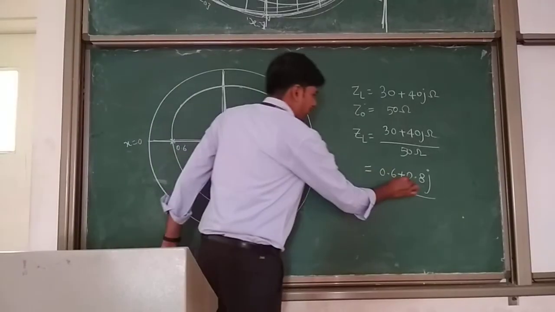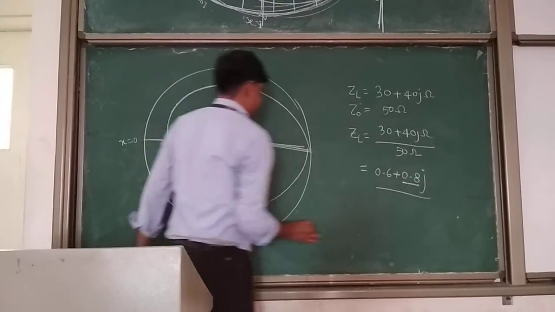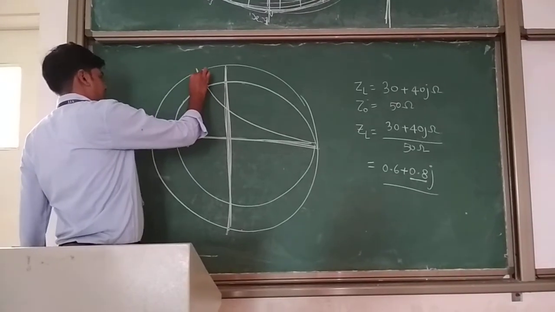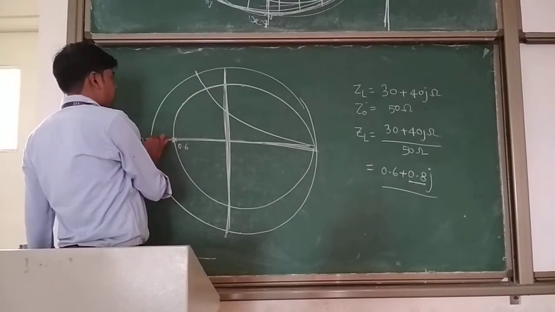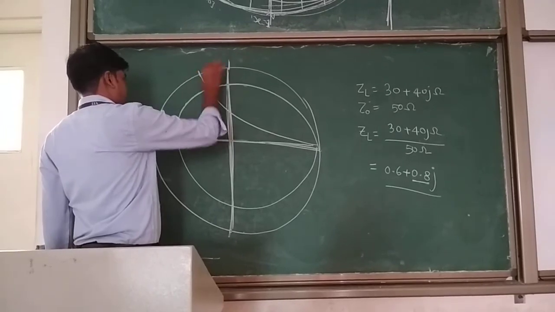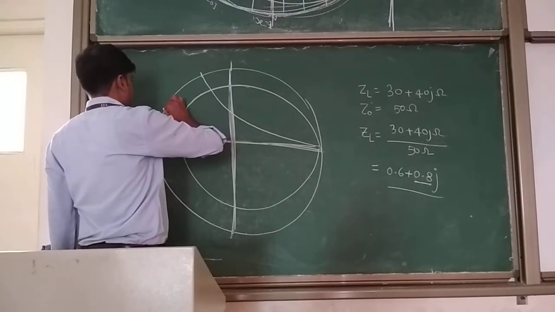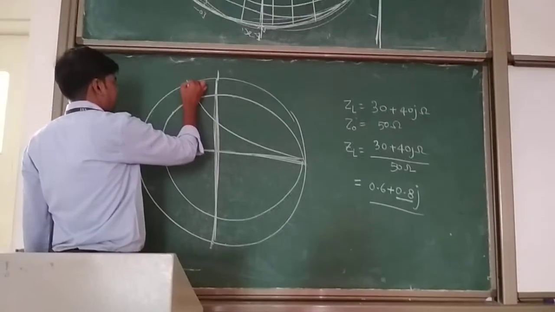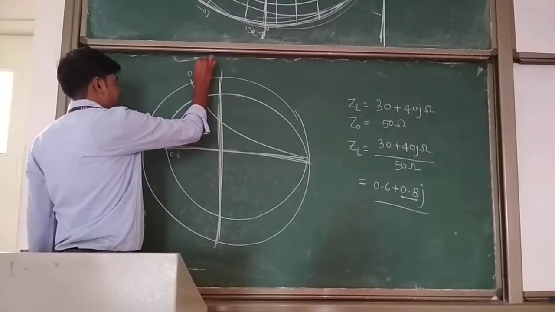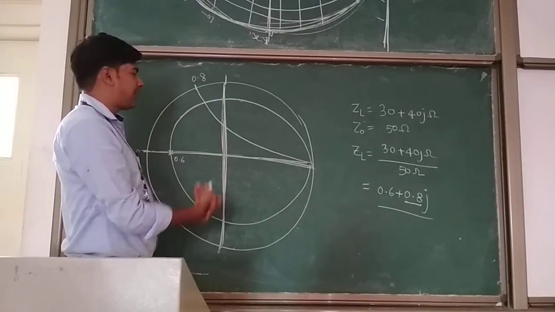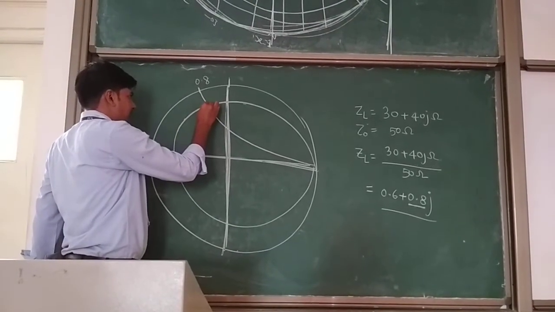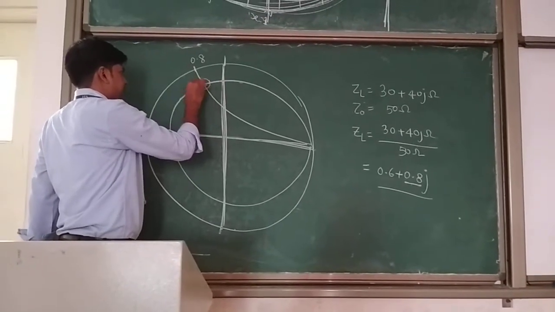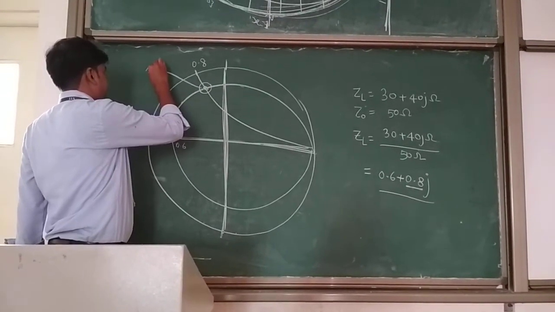Now you will find the reactance circle. The reactance circle is 0.8, so it will be somewhere here. Obviously x equal to 0, x equal to 1, so 0 to 1 will be spread on this line: x equal to 0, 0.1, 0.2, 0.3, 0.4, like that. And this is 0.8. The intersection point of these two is this one, which represents the load point.